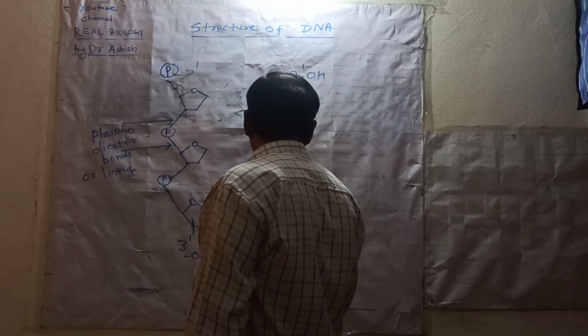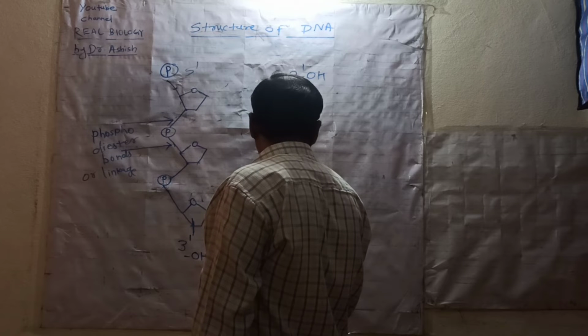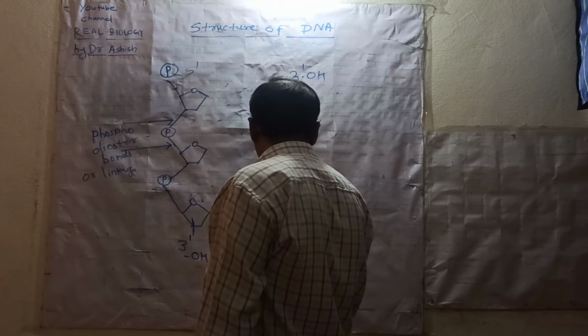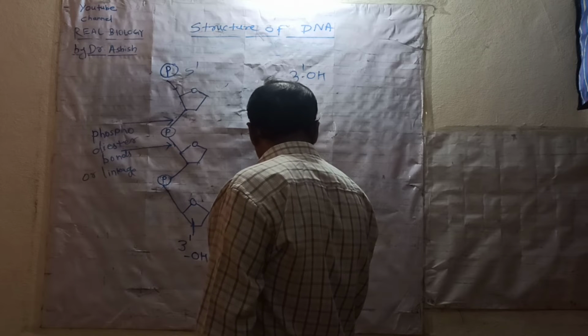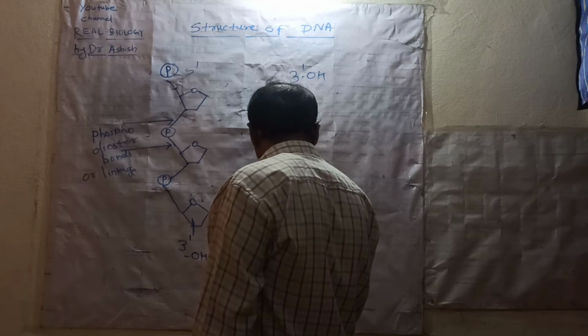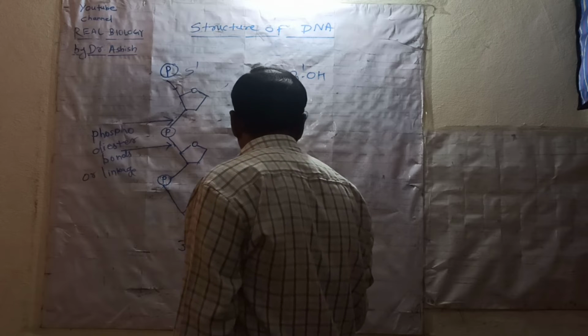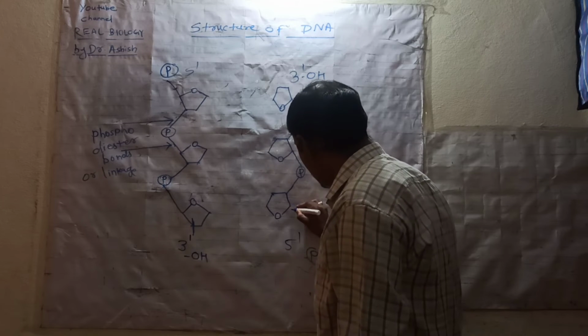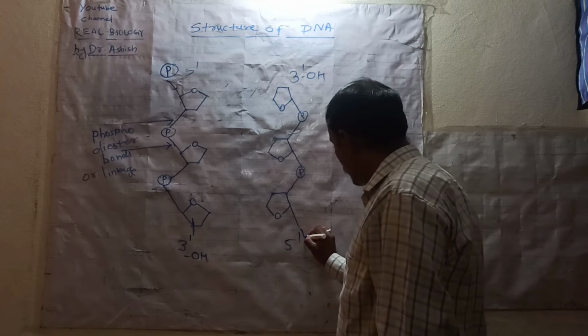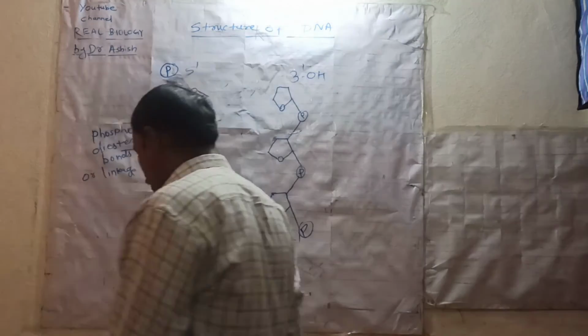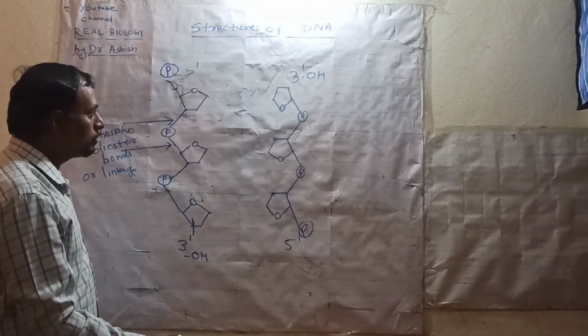Let's see how. Like this. Let me draw first. This is how two strands of DNA run in opposite directions. Here is the 5 prime phosphate. Now you can see clearly how the two strands run.